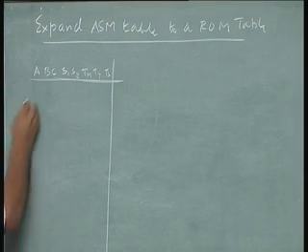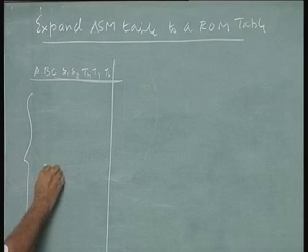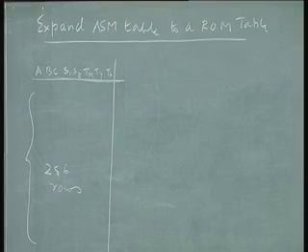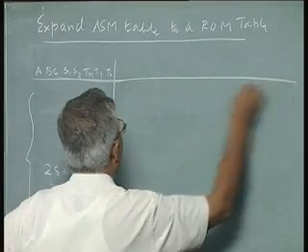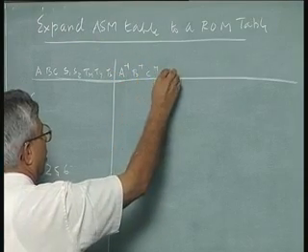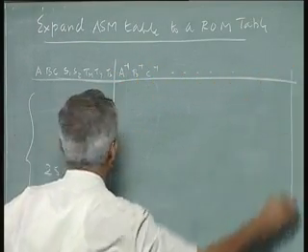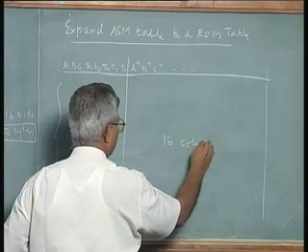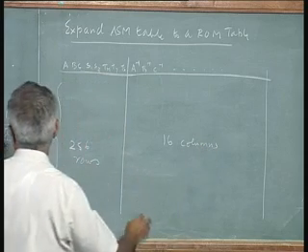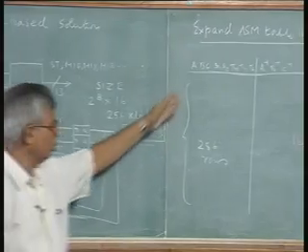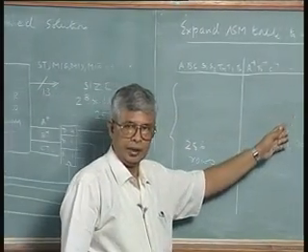That means 256 rows, and all these 16 columns. That is how we got this number 256 into 16, because there are 256 rows and 16 columns.